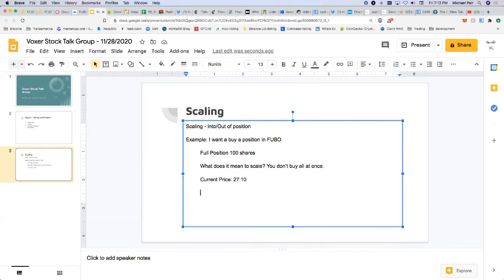You just figure out how you want to do it. Typically for me, I'll scale in at a half, or I may scale in at a quarter, right? If I was going to buy 100 shares, a half would equal buying 50 shares at a time, or a quarter would be buying 25 shares at a time.